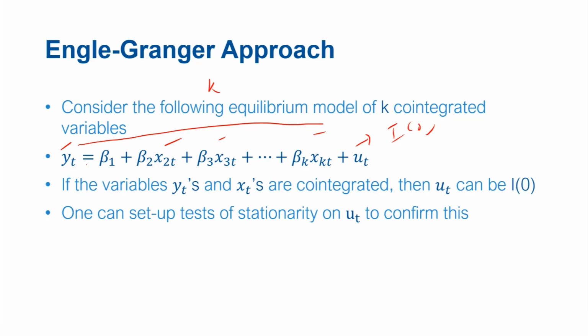It can be I0 only if these k variables are cointegrated, and therefore we can find a linear combination of these variables, which is mu t, which can be I0. And then all you need to do is set up a test of stationarity on mu t to confirm this. And that is what lies behind the Engle-Granger approach, as we are going to see.